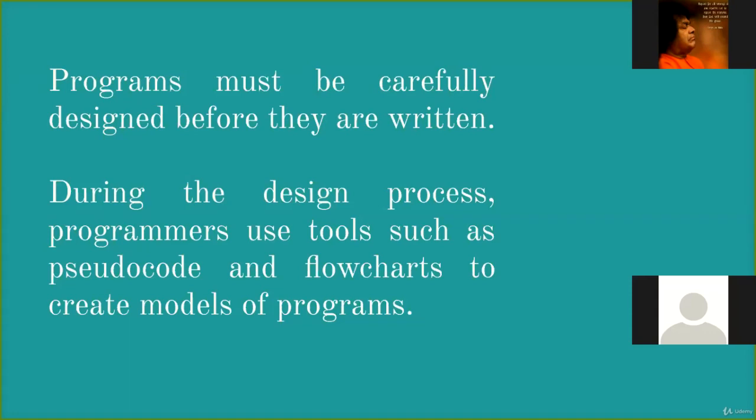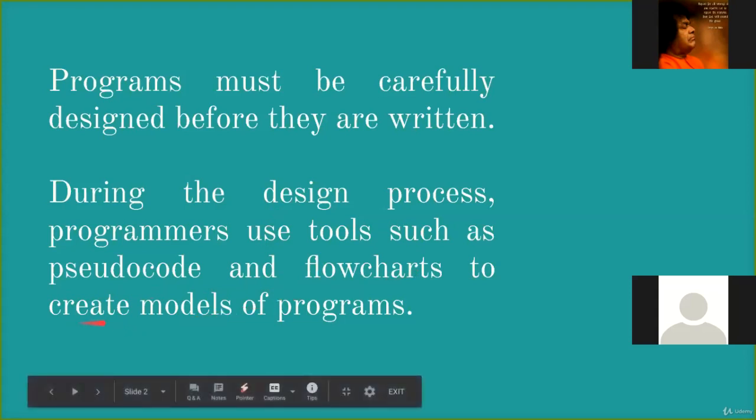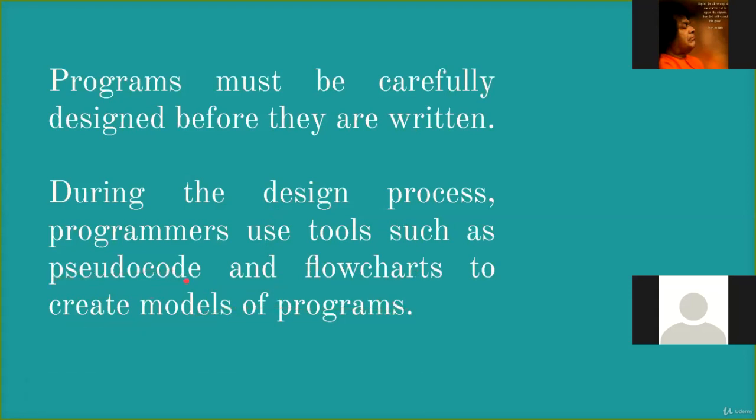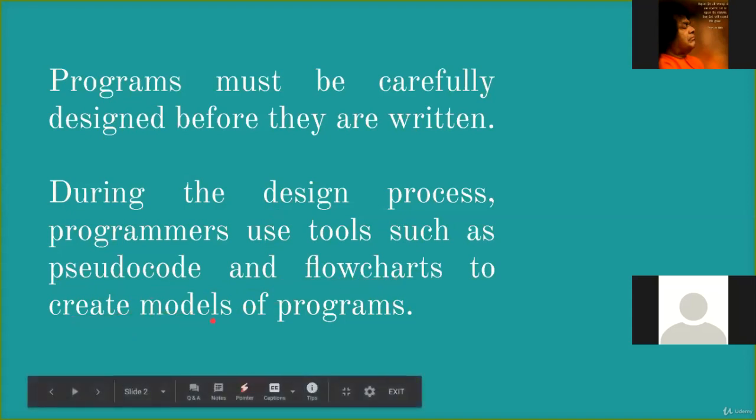So in order to do this, programmers generally tend to use tools such as pseudocode, flowcharts, and create models for the program. Now, pseudocode is something like the logic for your program. Flowchart is nothing but how your data can flow, and creating models for your program is to ensure that you can reuse these models.